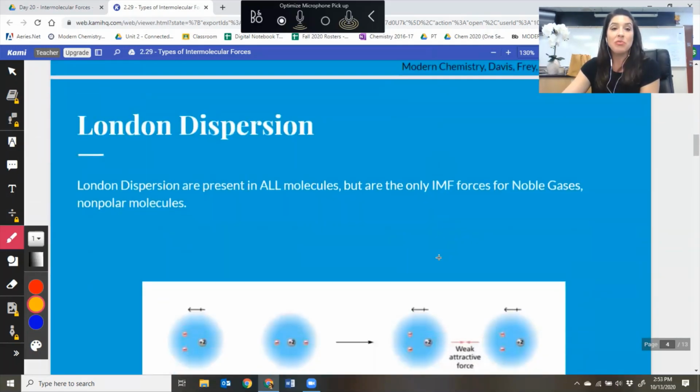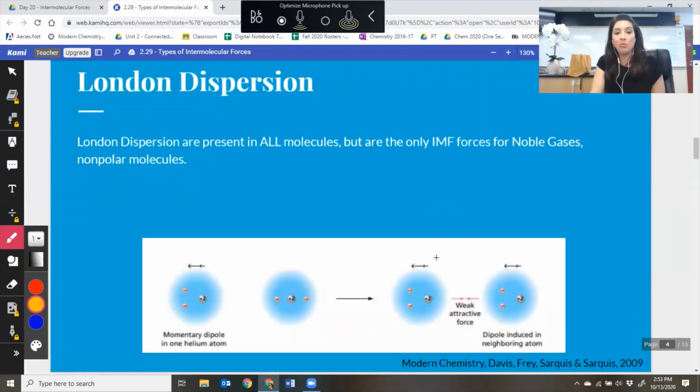London dispersion forces are present in all molecules, but they are the only type of intermolecular force that occurs in noble gases and in nonpolar molecules. So if you're given a problem that asks you what type of intermolecular forces are present for a molecule, if it's nonpolar, your answer would be only London dispersion intermolecular forces.